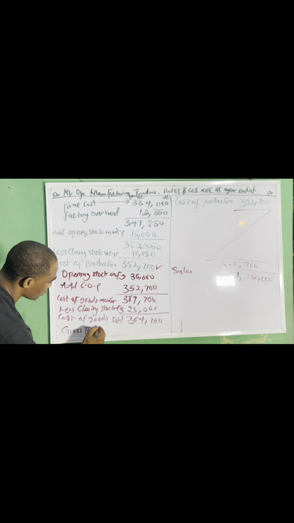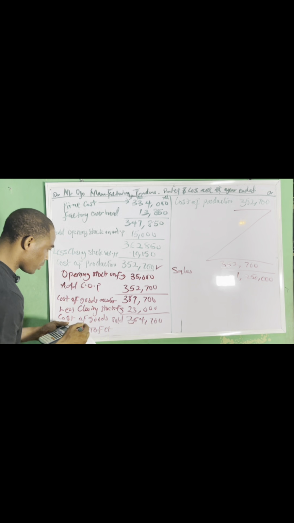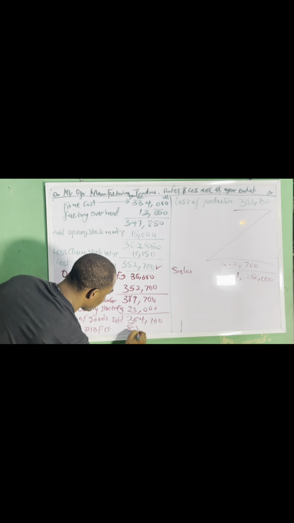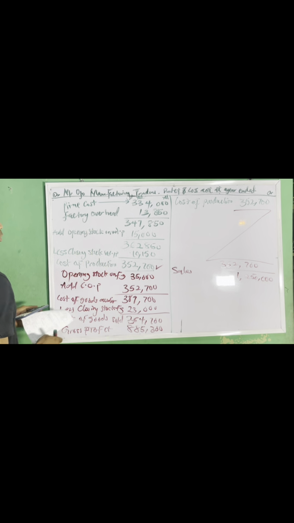Our gross profit will be 1,250,000 minus 364,700. So that means our gross profit here now is 805,300.